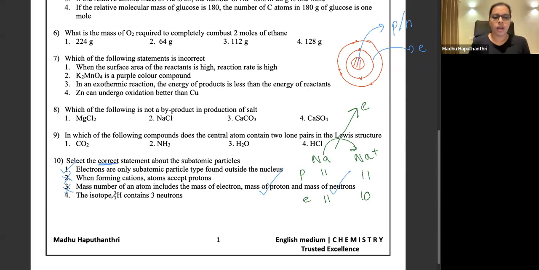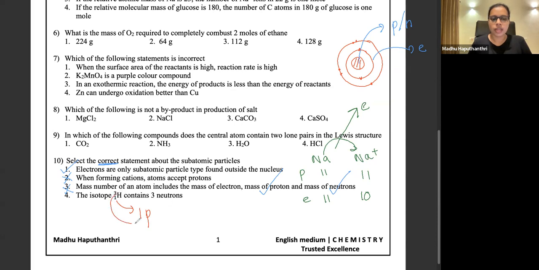Fourth one, isotope of H-3 (hydrogen with mass number 3, atomic number 1) contains 3 neutrons. How many neutrons are there for this isotope? This one is telling us it has 1 proton, and it is the same as the number of electrons, because we are referring to the atom.